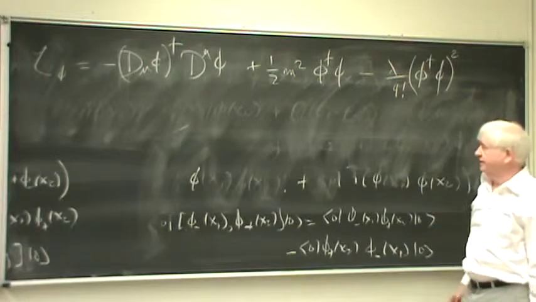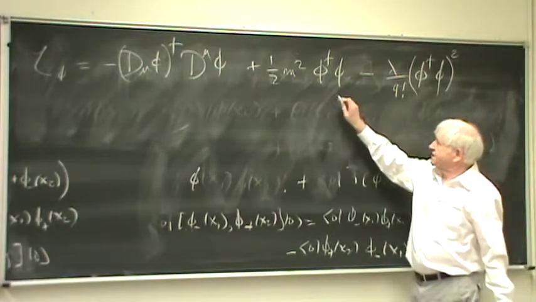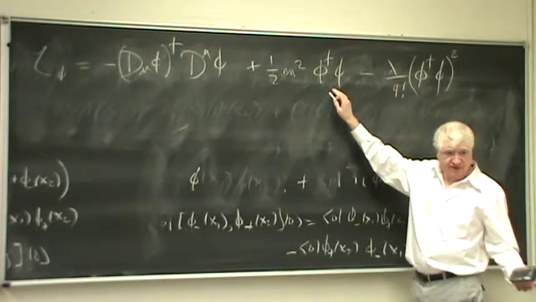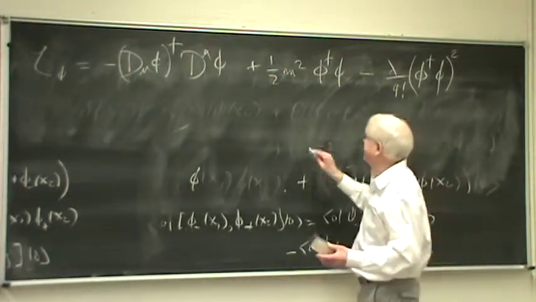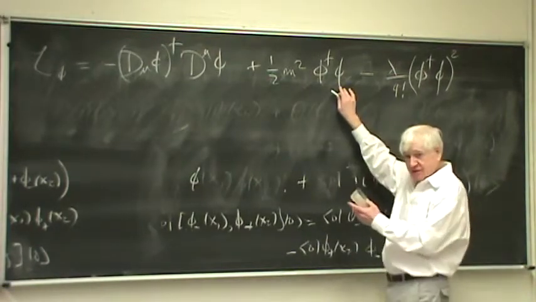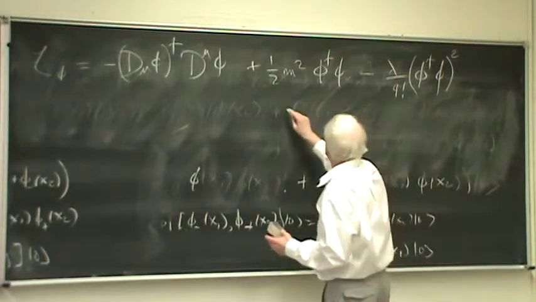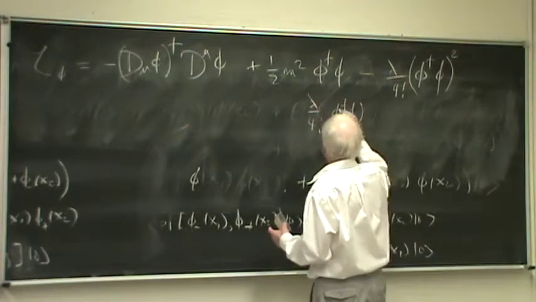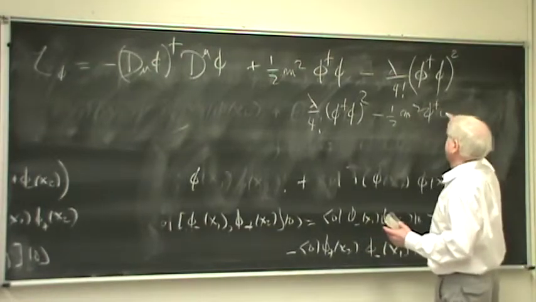So now it's quartic. And so what happens here, of course, as you saw in the homework problem, is that if phi dagger phi in the vacuum assumes a mean value that's positive, you minimize the energy, because the energy term is lambda over 4 factorial phi dagger phi squared minus a half m squared phi dagger phi.